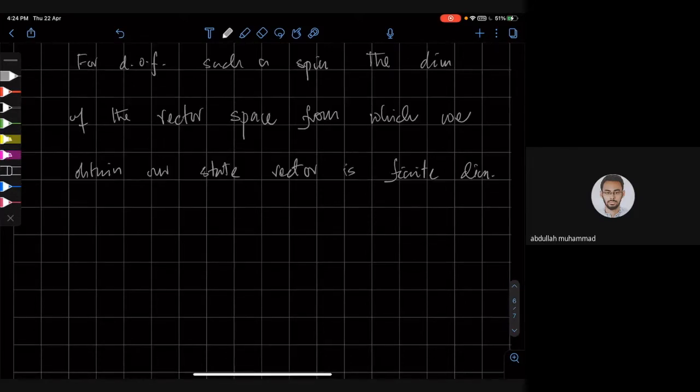So for example, in the case of spin half, the vector space is obviously two-dimensional.